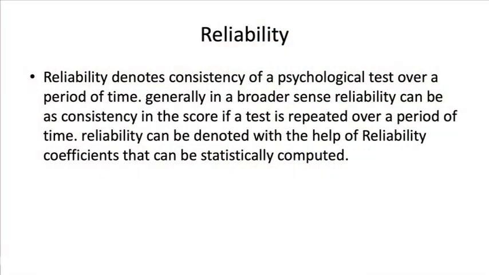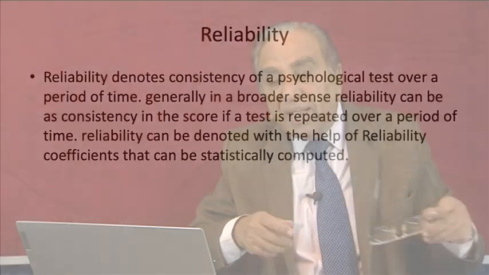Similarly, in reliability, if the test is administered twice and the scores are consistent, then it is reliable, we can rely on the scores, and it is calculated by the statistical correlation coefficient. We will talk about the correlation coefficient in statistical analysis. So, it is not only qualitative, it will be a specific value.